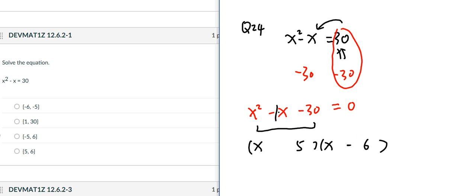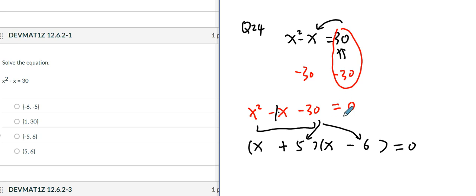So this 6 needs to be negative, and 5 needs to be positive, because when you add negative 6 and positive 5, you get what? Negative 1. So 30 should be split this way, and then you get 0.